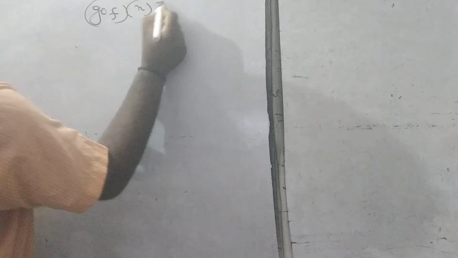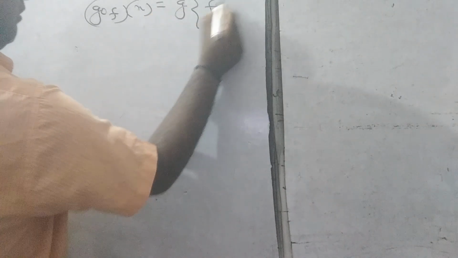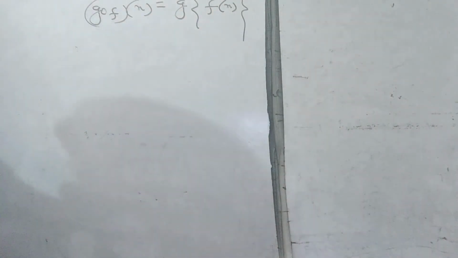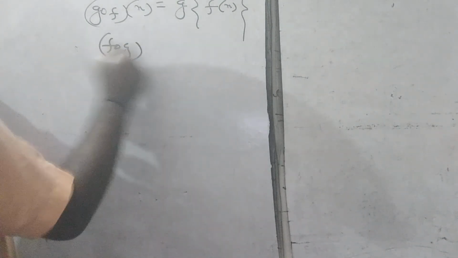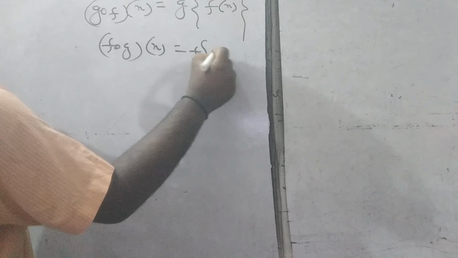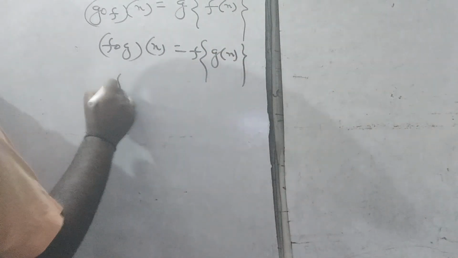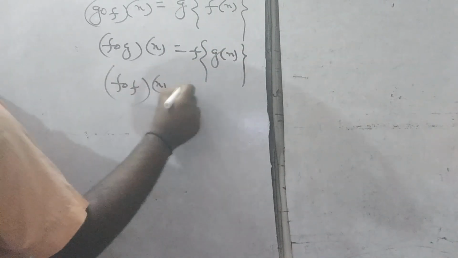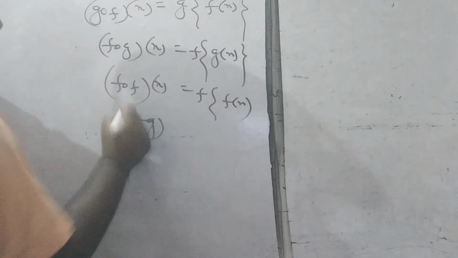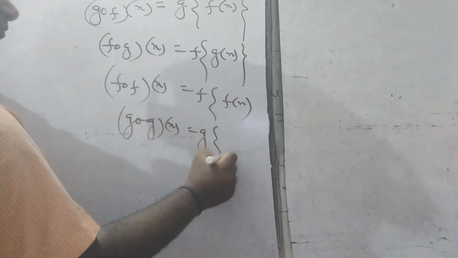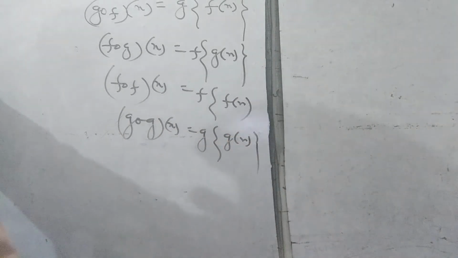What is important here, you must know what is the value of gof of x. You must know that gof of x is equal to g of f(x), fog of x is equal to f of g(x), fof of x is equal to f of f(x), and gog of x is equal to g of g(x), and this is enough to solve any question on composition of function.